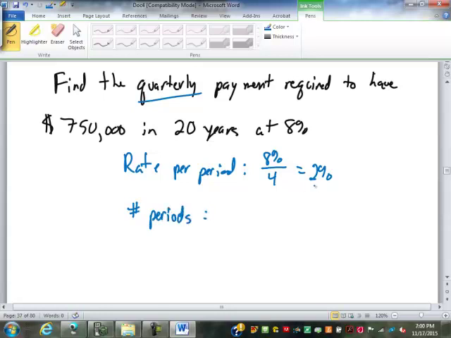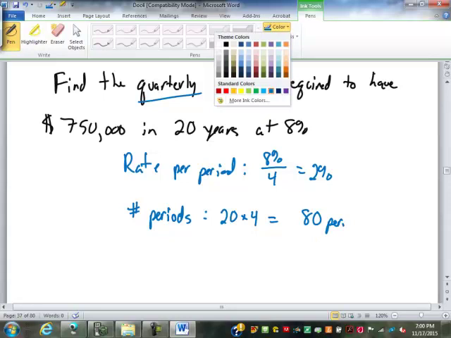I also need to know my number of periods. That'll be 20 years times, since it's quarterly, 4 periods per year, is 80 periods.